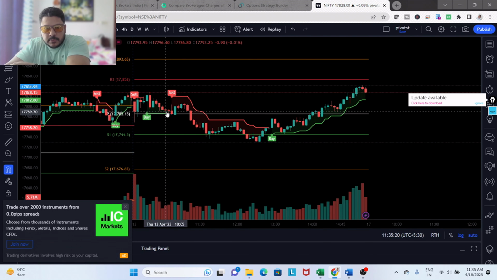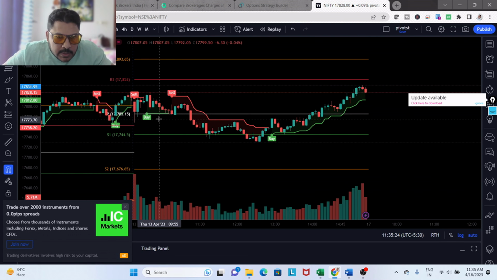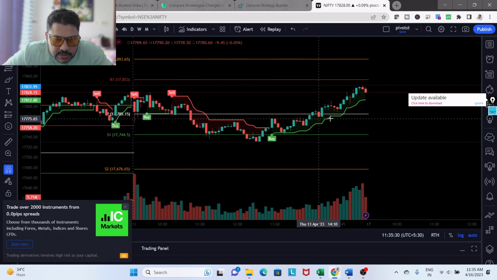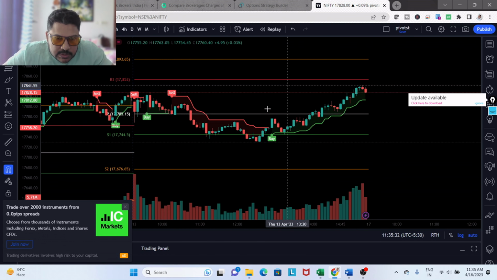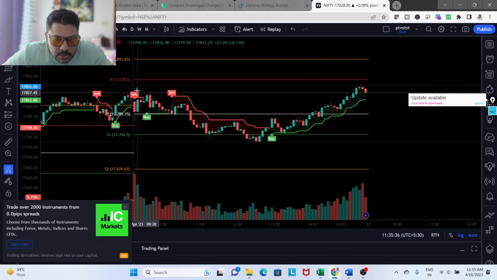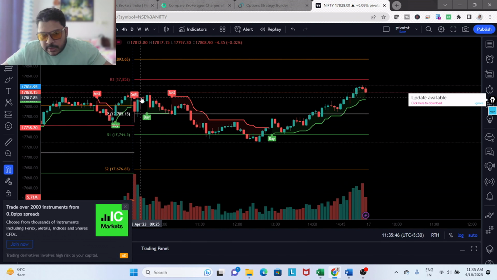Okay, so once you do this, what you have to do is just look at the market, understand that pivot points act as support and resistance. So you have this support, you have this resistance, then this support and this support. Your simple job is to observe the market, and if it is holding, first you need to look at the super trend, what kind of entry is being given.